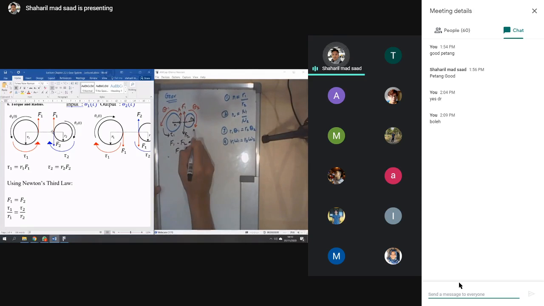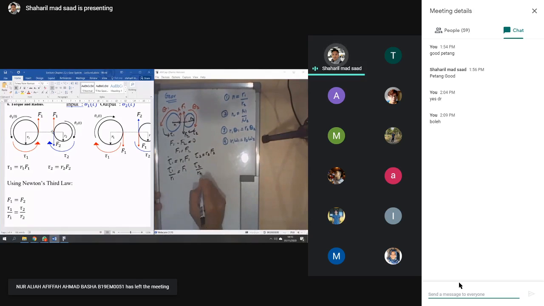Another one will give you torque, tau 2. So torque tau 1 is equal to R1 times F1, and you get T2 equals R2 times F2. So T1 over R1, you get F1. T2 over R2, you get F2.